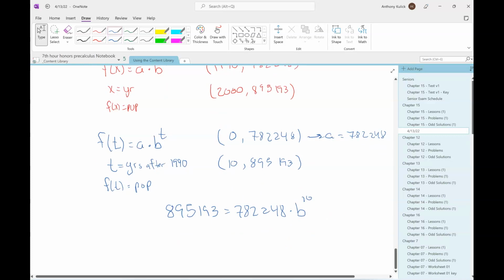That look good to you guys? To solve for B, what should I do first? It's not a trick question. Yes, because of the 10 there.